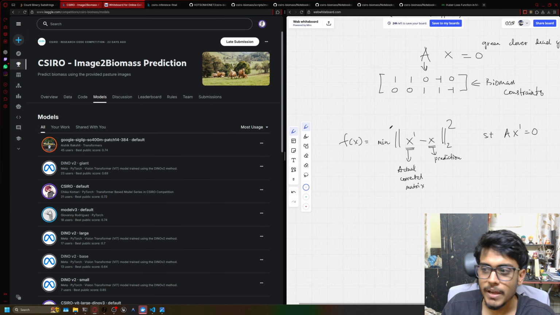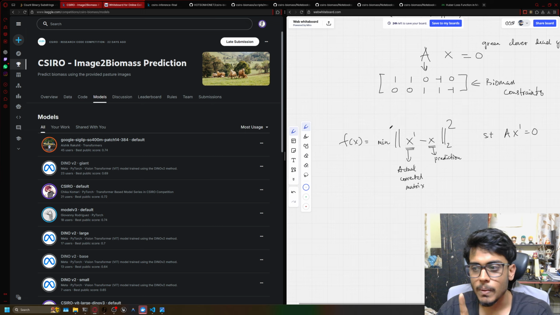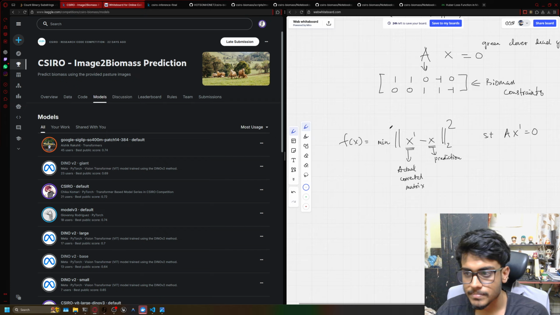You project the gradient from your f of x and from your constraint, and you try to find the best multiplier for your constraint gradient. So that's the idea here.